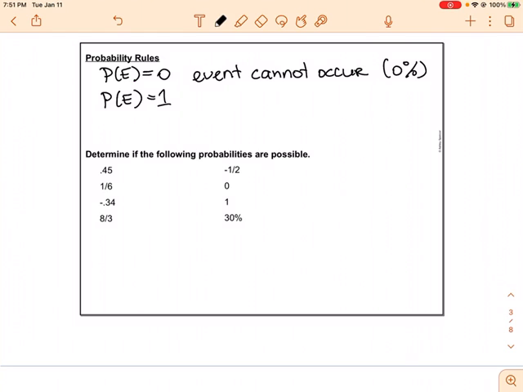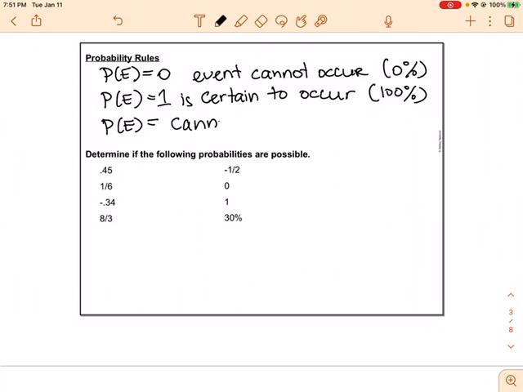If it equals 1, it is certain to occur. So it's 100%. Cannot exceed 1. And can't be negative.